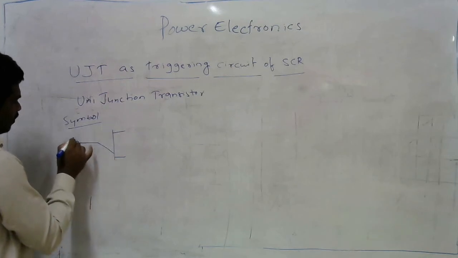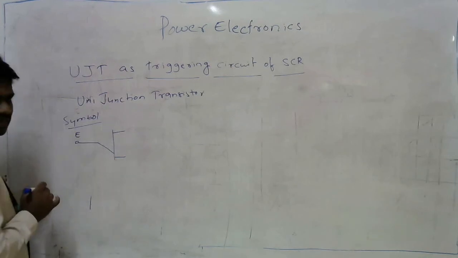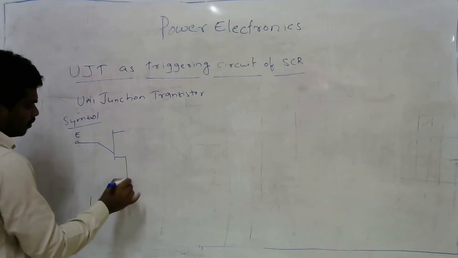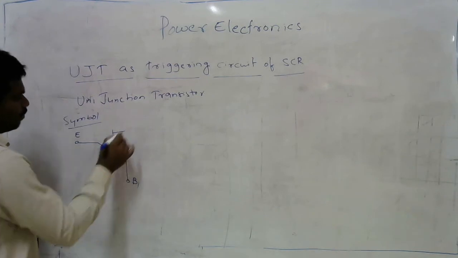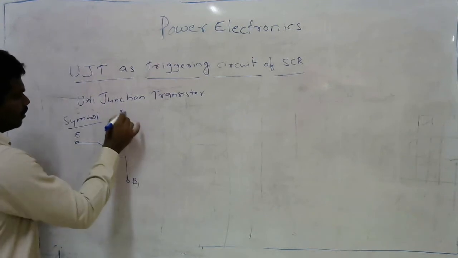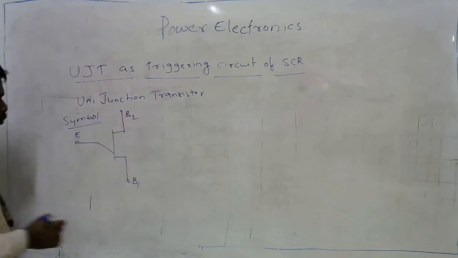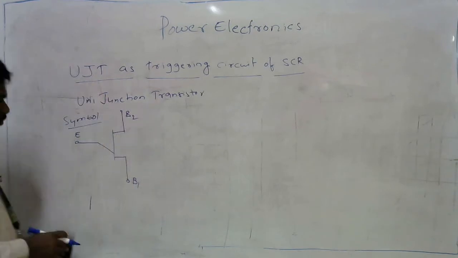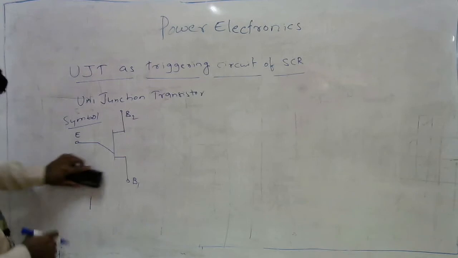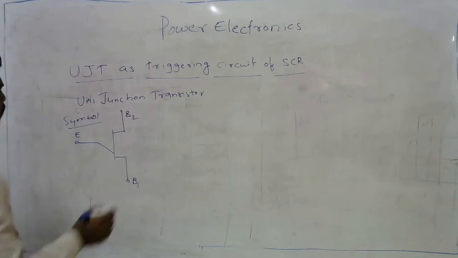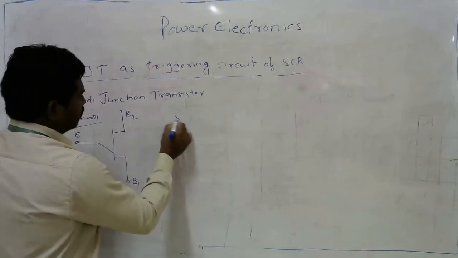This is the emitter terminal, this is base terminal 1, and this is base terminal 2. So this we can easily understand and easily draw from its structure.